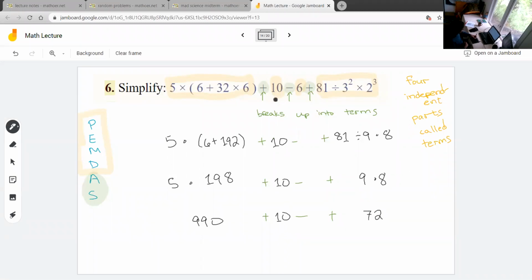It's not having operations yet. Then when I'm done, 990 plus 10, so 1,000, minus 6 plus 72, so that's going to be 1,000, and then 72 minus 6 would be 66, so 1,000 minus... draw.